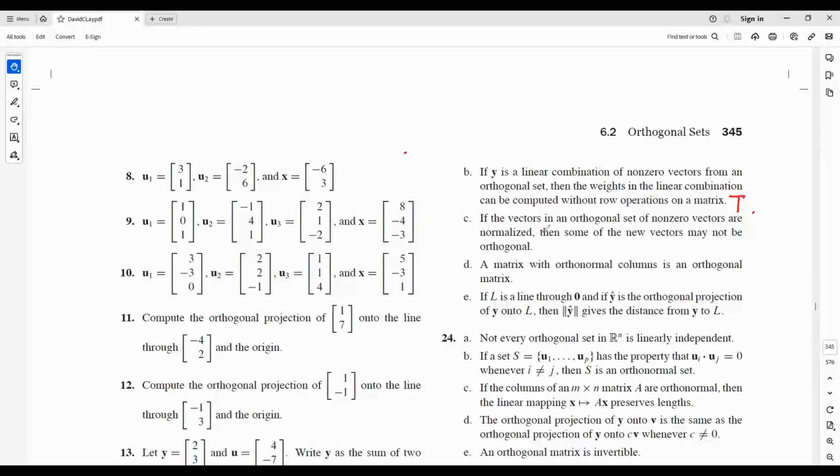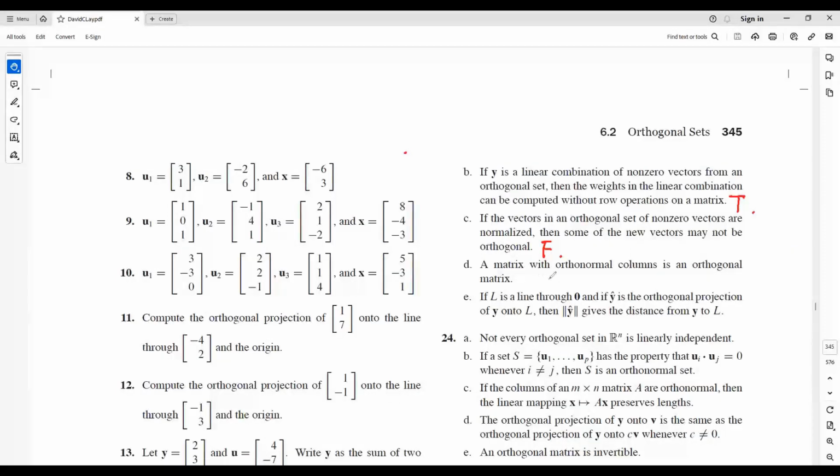C. If the vectors in an orthogonal set of nonzero vectors are normalized, then some of the new vectors may not be orthogonal. False. Thus, if u dot v equals 0, then the normalized u dot v also equals 0.